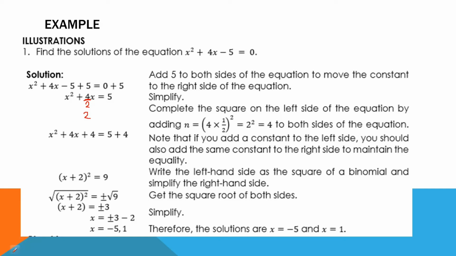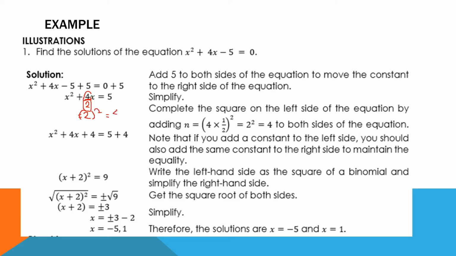So para di na lang kayo malito, divide muna natin yung coefficient sa 2, which is 4 divided by 2 is equal to 2. Then sabi, we need to square, kailangan i-square natin siya. So ang square ng 2 natin ay 4.